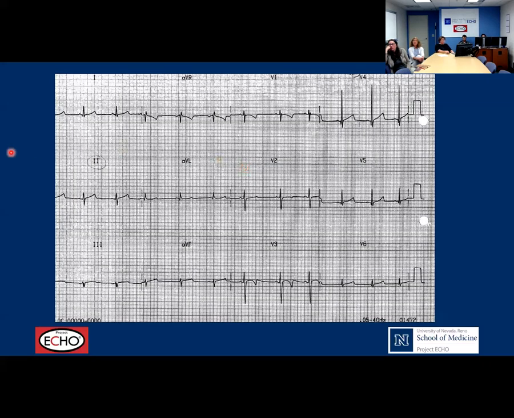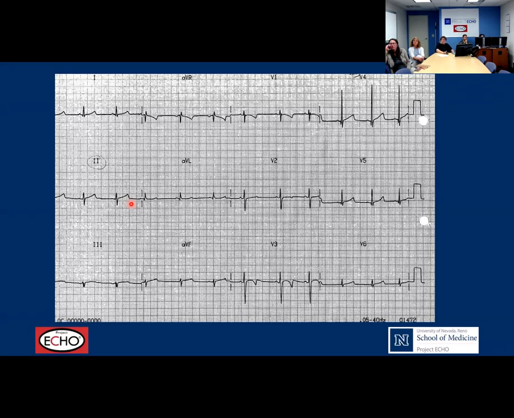Okay, so this is an example of a patient who has long QT syndrome, but the QT interval does not look particularly long. If we look at lead 2, now it's following me around, from the beginning of the Q wave to the end of the T wave, that is not particularly long.